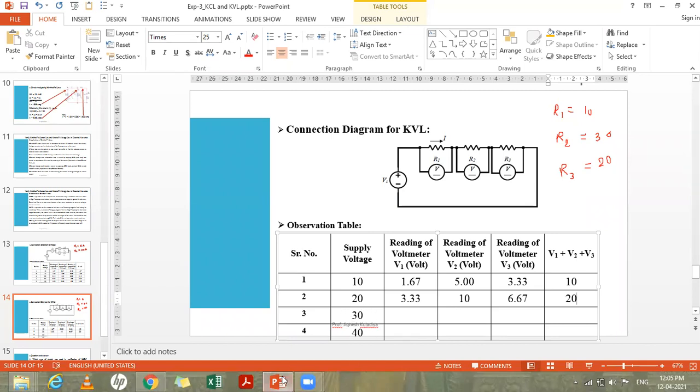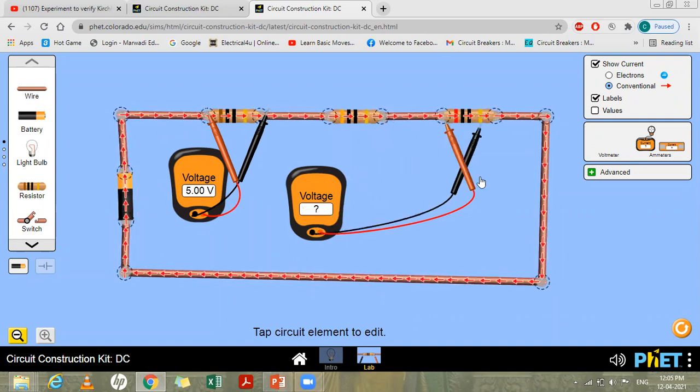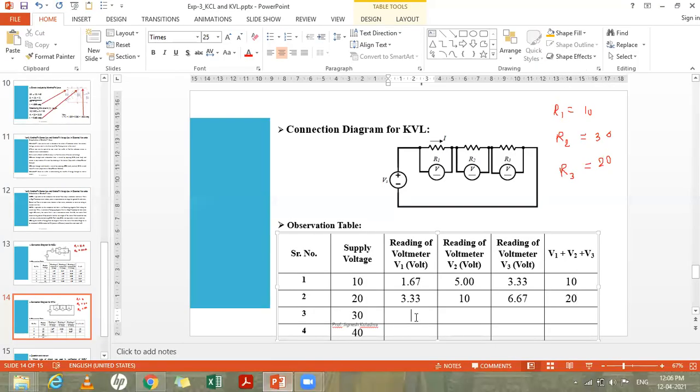Now you put 30 and 40. So here you are getting 5, then 15, and then 10. So it is 30.